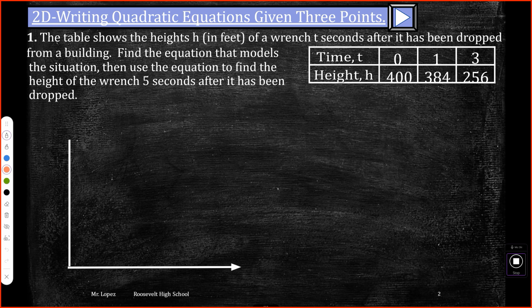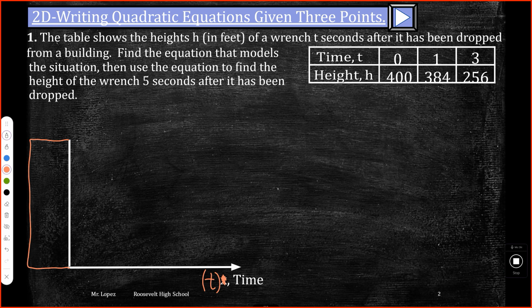All right, so let's put it on a graph. Let's say that this is the height of the building. So the horizontal x-axis, let's change this x to t, because this is time.